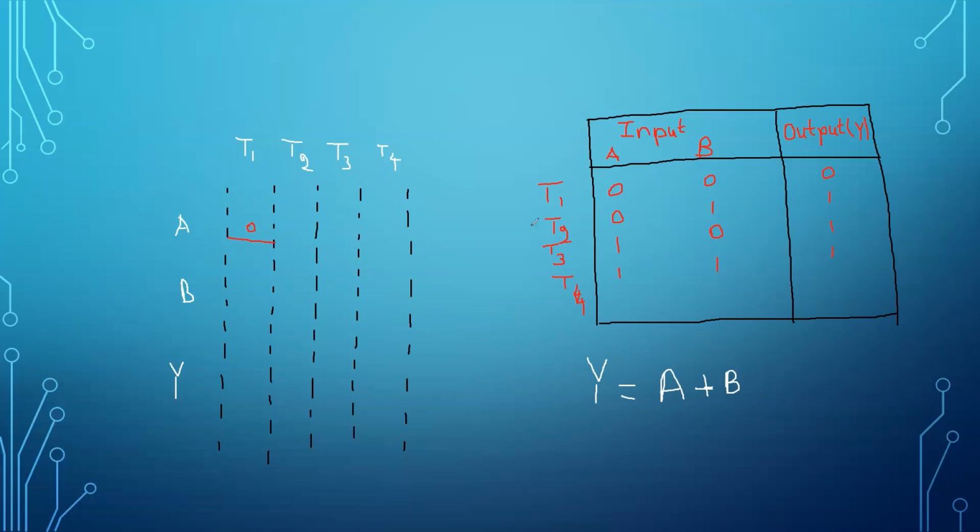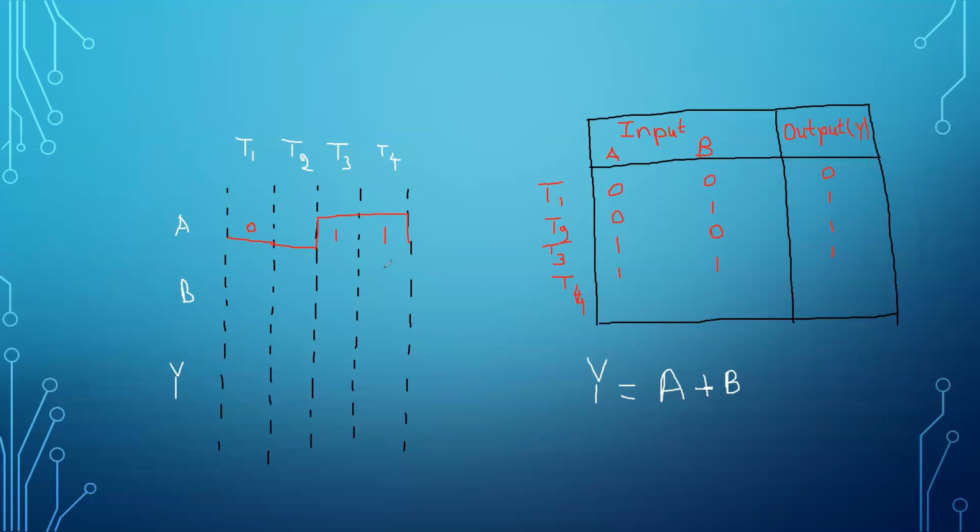Then for the T2 phase, A has 0 value. Then for the T3 case, A will go to high, that means A will go to 1 value. And same for the T4 phase, A will go to high value. So this is the timing diagram for input A.